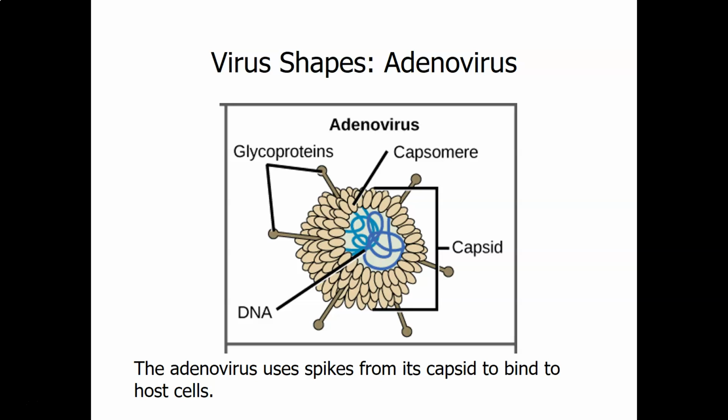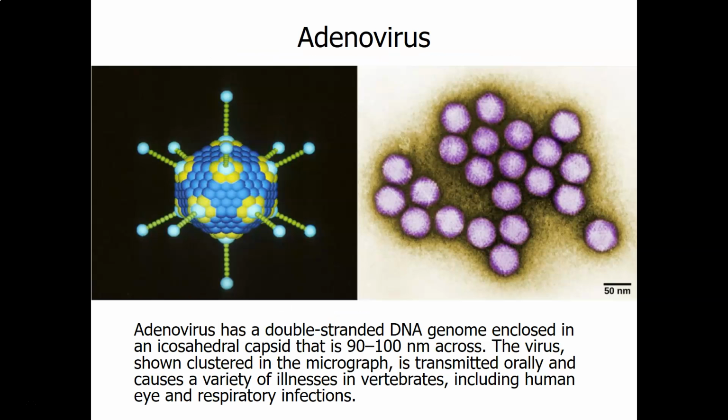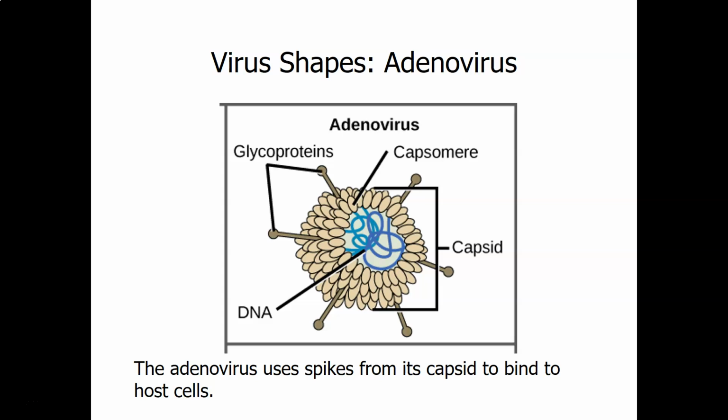Now we've got another shape, which I'm going to show you. This makes it look like it's kind of an irregular shaped ball, but it's actually got a geometrical shape to it. So that illustration on the left is actually what the adenovirus looks like. So an adenovirus is a naked virus, means it does not have an envelope.